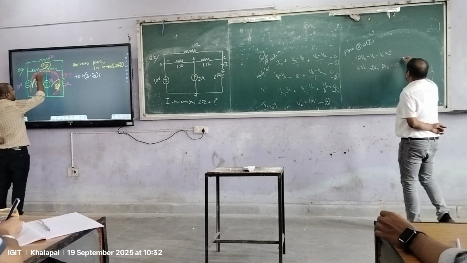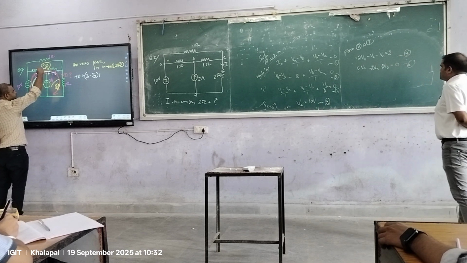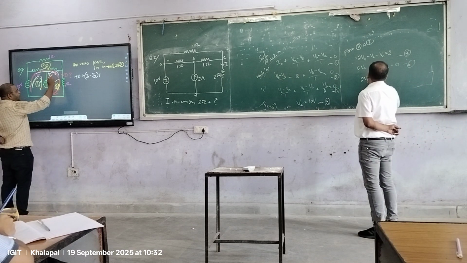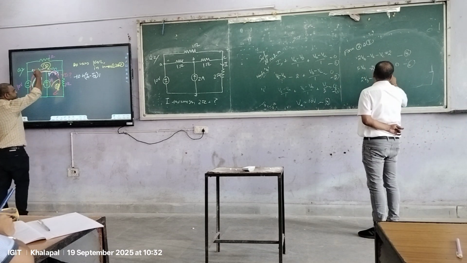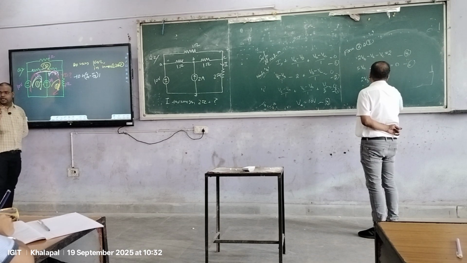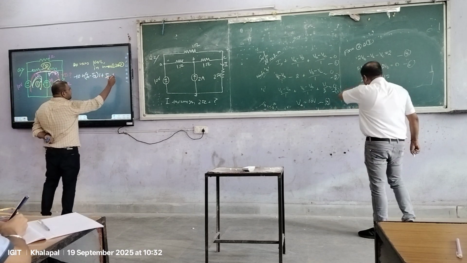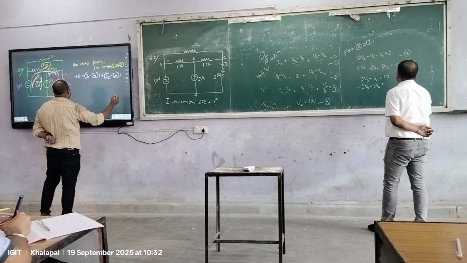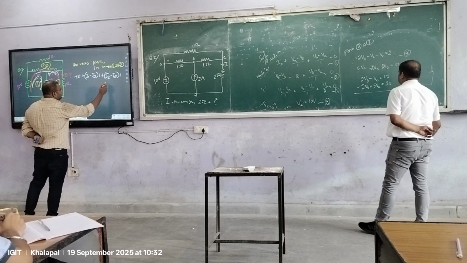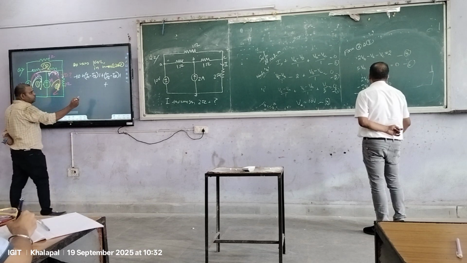Then I'm coming here. This one is I2, flowing clockwise, and I3 is anti-clockwise. So what is the net current through this 1 ohm? It is I2 minus I3, into 1 ohm. And then plus 2I2.